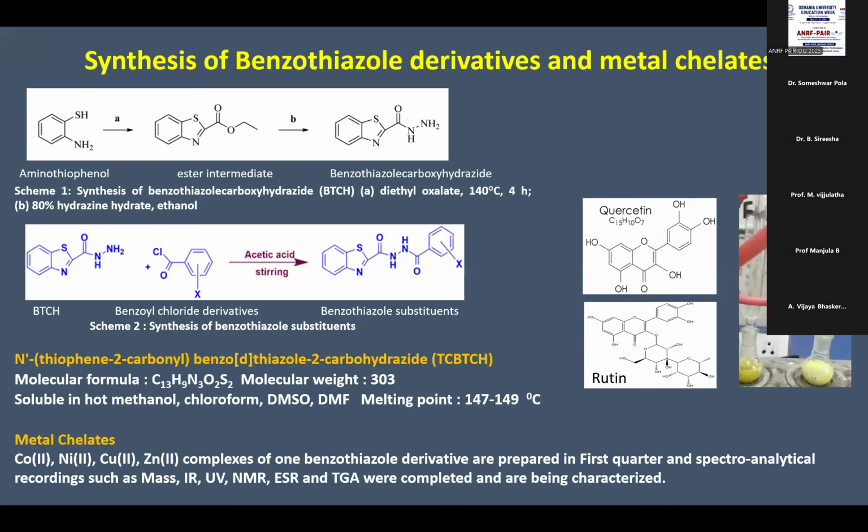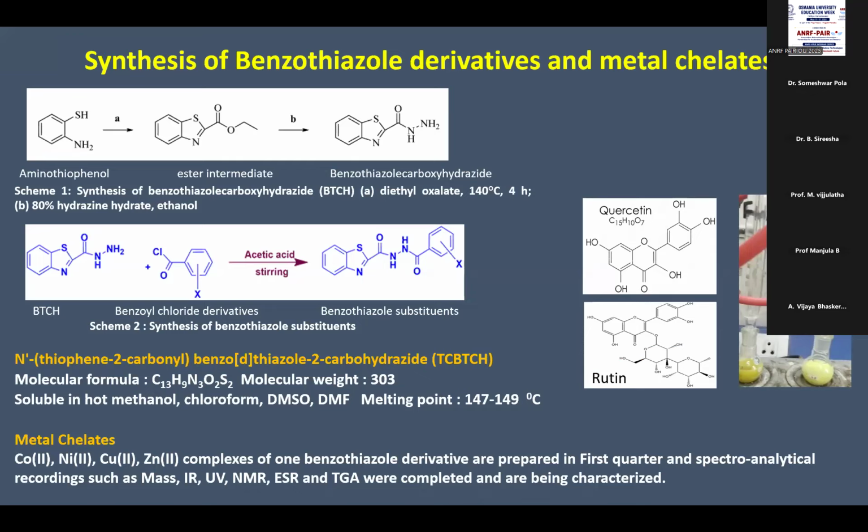In the first step, the benzothiazole ester has been prepared from 2-ethyl-2-benzothiazole carboxylate and diethyl oxalate, taken in 1:2 molar ratio and refluxed on a water bath with temperatures ranging from 147 to 93 degrees, reducing by 10 degrees every 1 hour.